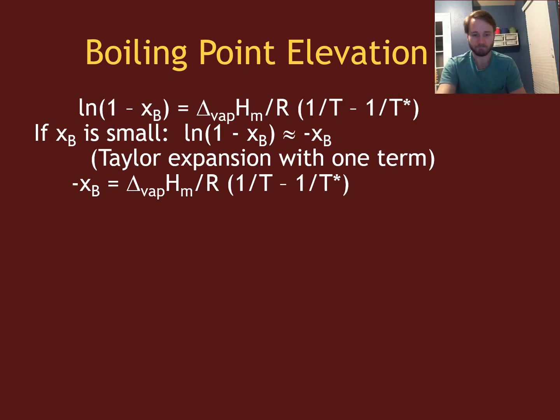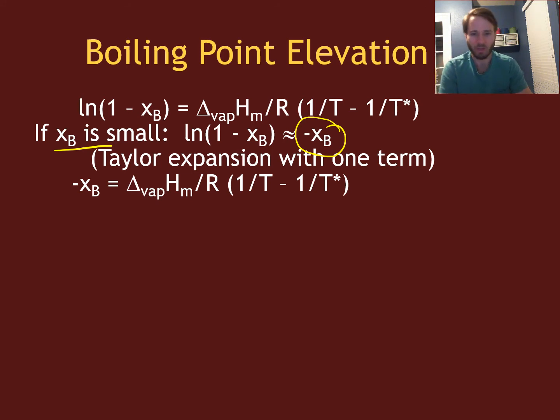Okay. So now we're going to make an assumption here, right? That x be small. In that assumption, you can Taylor expand this natural log out to the first term. B is the solute, right?